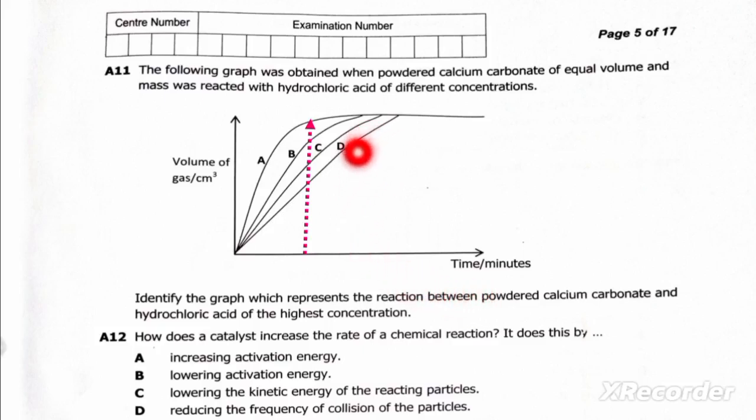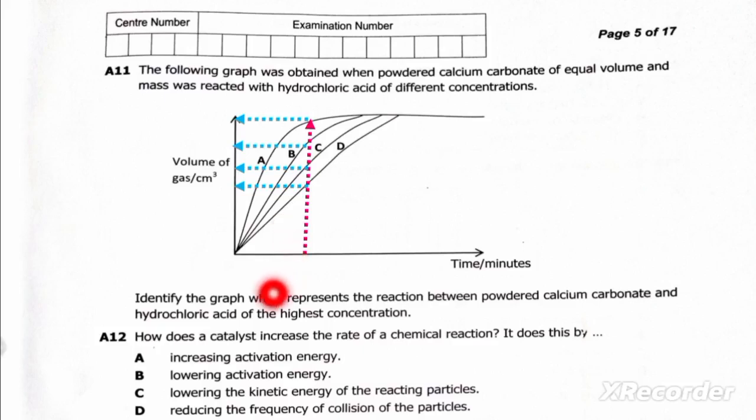So according to graph D, when this time elapsed, this volume was produced. Graph C, when this time elapsed, this volume was produced. Graph B, when this time elapsed, this volume was produced. Then A, when this time elapsed, this volume was produced.